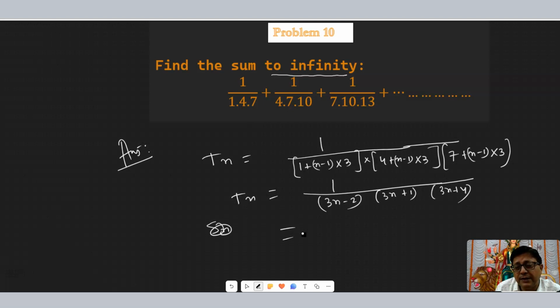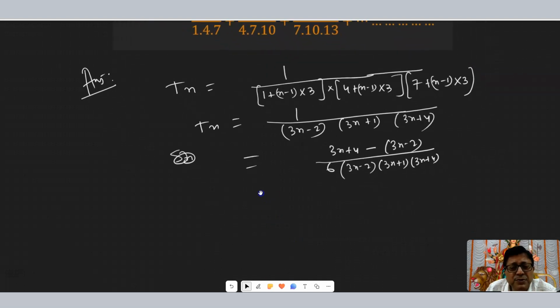The last factor is 3n plus 4. First one is 3n minus 2 by 6. I think all of you can understand these steps now, because all similar problems we are solving here. So 1 by 6, now separate.